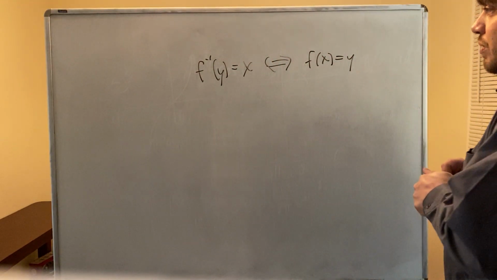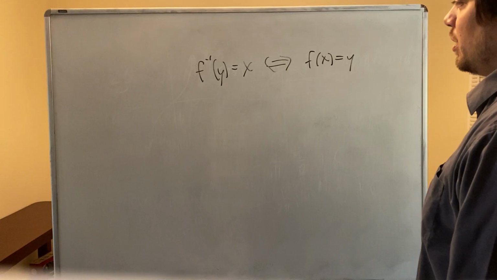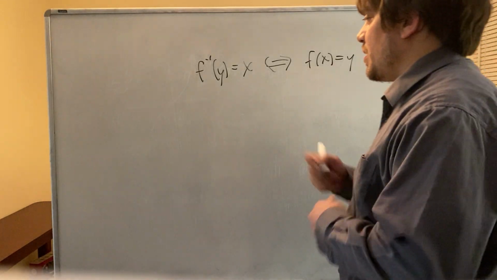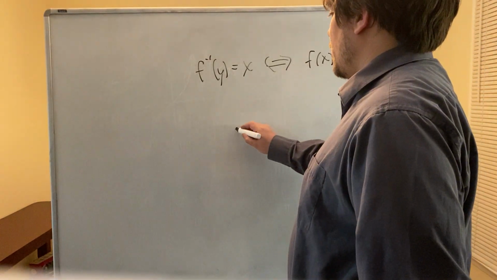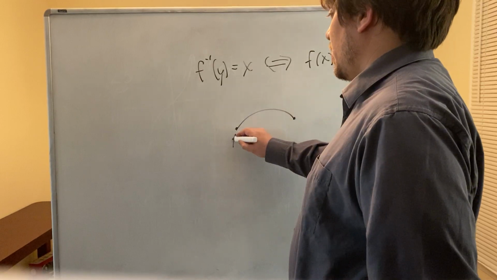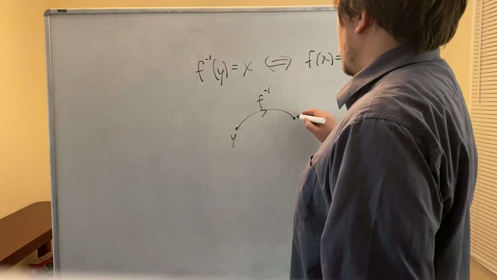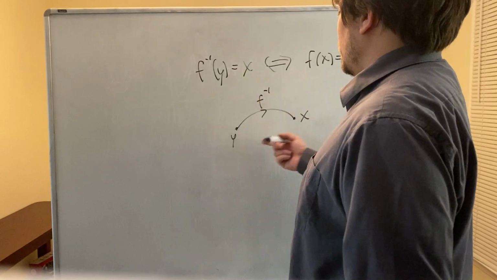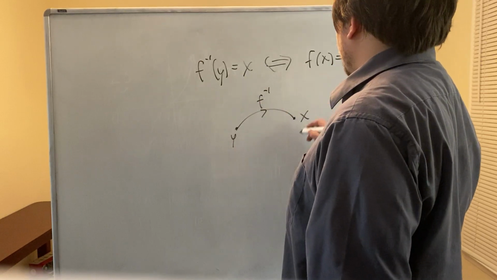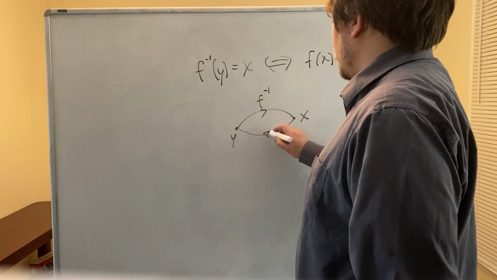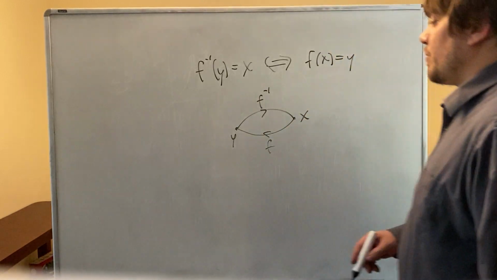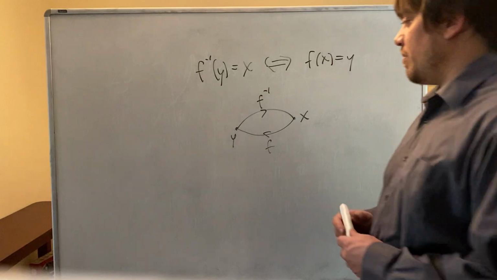A is the range of f inverse. What this means is that if you take y as your input, f inverse would map y to x if and only if the function f maps x to y. So that's the relationship between f and f inverse.